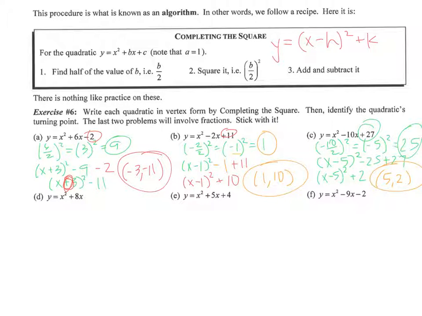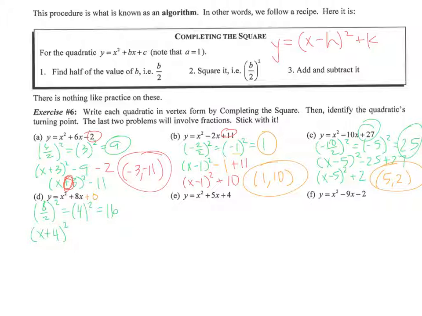Our next one is a little bit confusing because we don't have a c to start with. So you need to remember that there's a plus 0 to start with. So still same thing, 8 divided by 2 squared. So it becomes 4 squared, which becomes 16. So our perfect square binomial is x plus 4 squared.